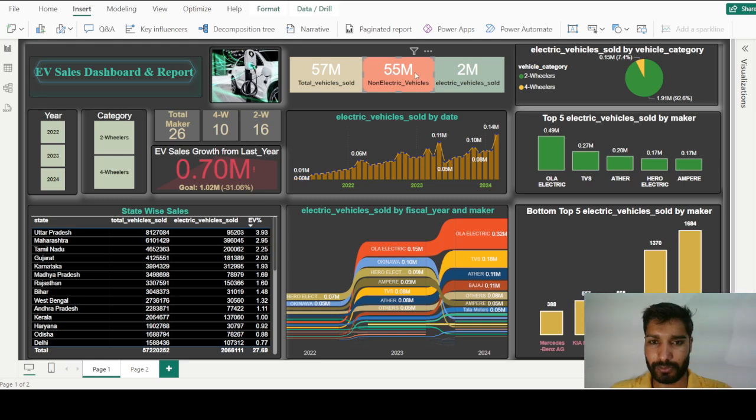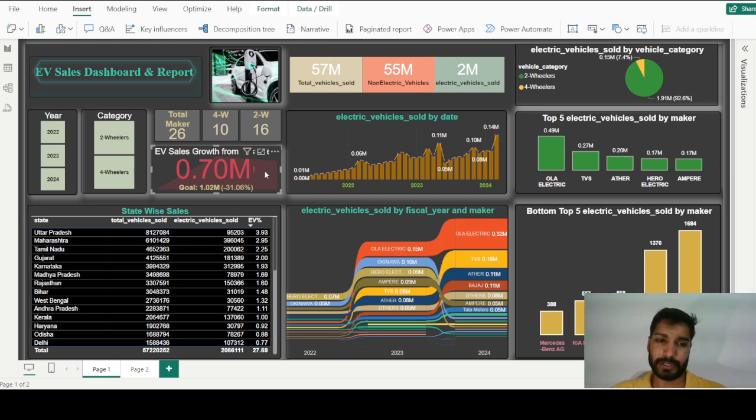So this is non-electric, this is electric vehicle. We can see 2 million electric vehicles are sold, and 55 million are non-electric, out of 57 million. This is a KPI, which is called a key performance indicator.